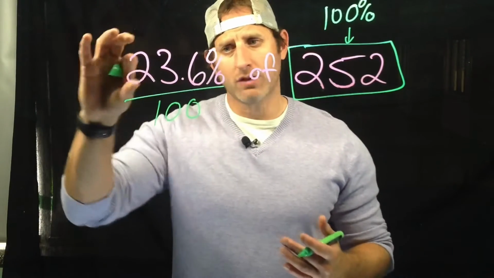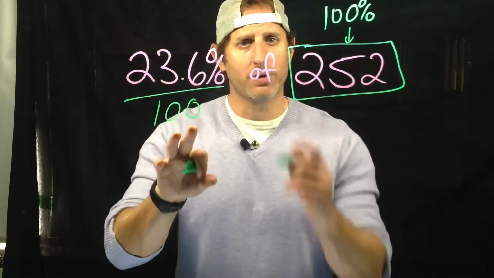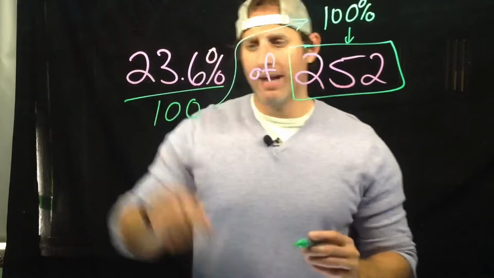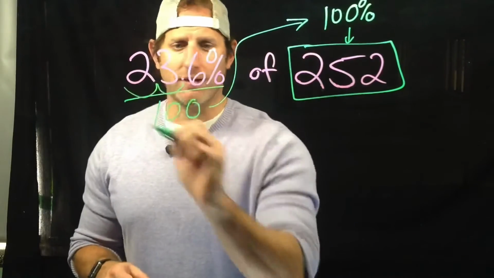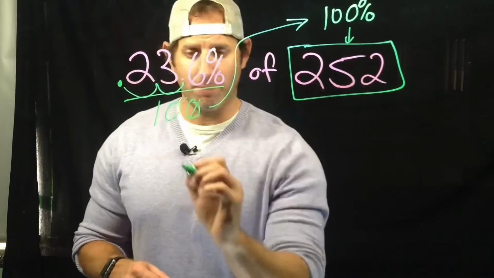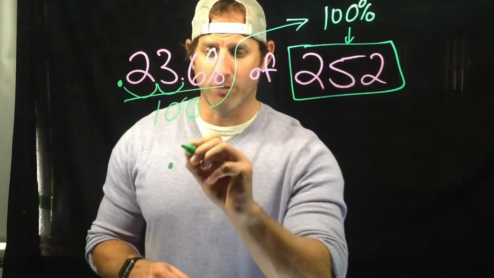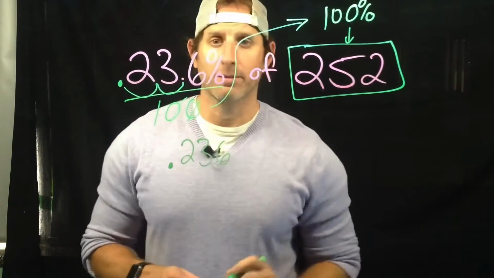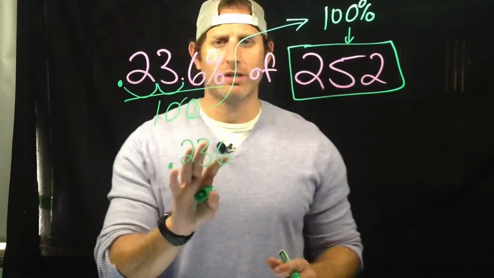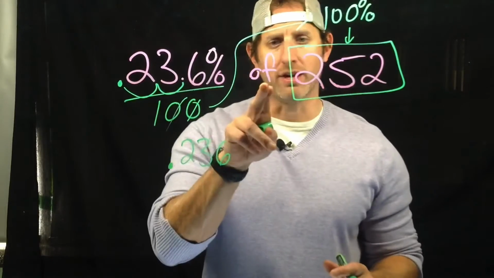And so we're going to take 23.6 and divide it by 100%, our total percentage. Okay? And what we end up with here is moving this decimal 2 spaces. 2 zeros moves 2 spaces. So our new decimal ends up here, and our new number becomes decimal 236. And now what we want to do is we want to calculate how much is 23.6% of this.